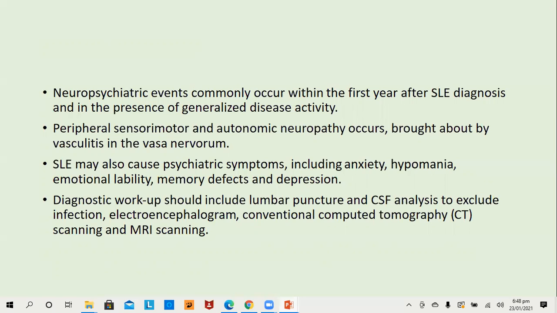The steroids may also add to these psychiatric symptoms. Diagnostic workup should include lumbar puncture and CSF analysis to exclude any infection, EEG, and conventional CT scan and MRI scan to find other causes.